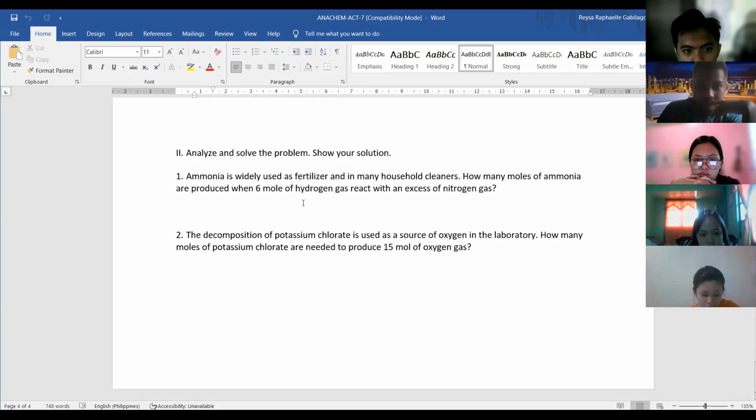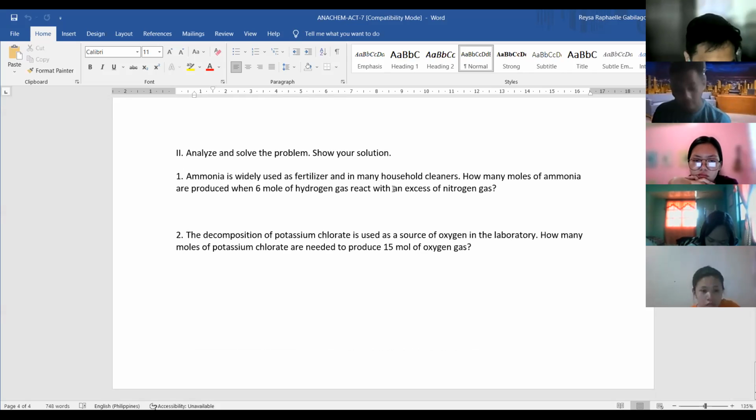Now for the second part, you have to analyze and solve the problem, and you have to show the solution. So like this one, ammonia is widely used as fertilizer and in many household cleaners. Ammonia ha. So how many moles of ammonia are produced when 6 moles of hydrogen gas react with the excess of nitrogen gas?